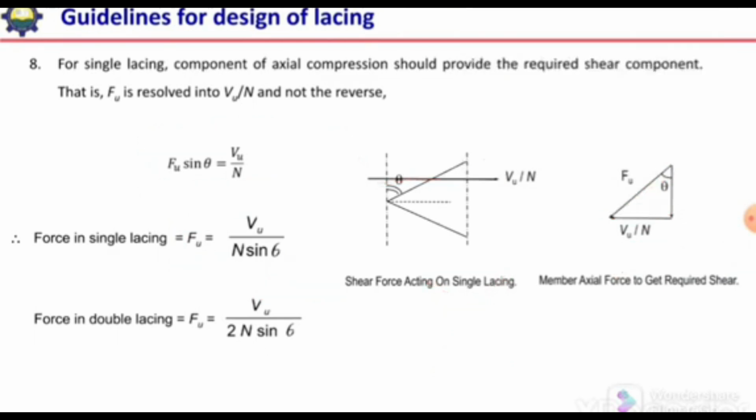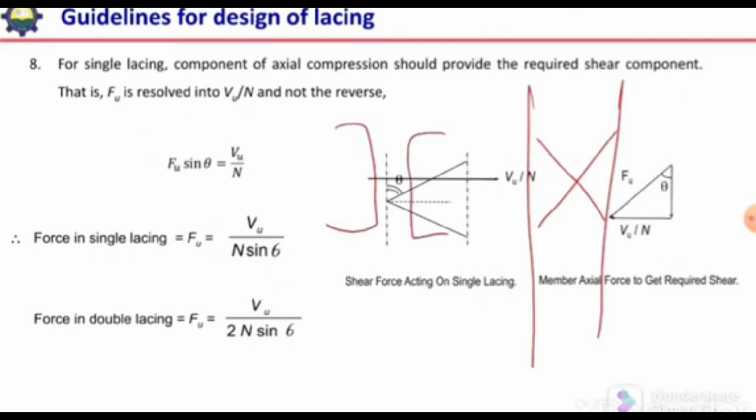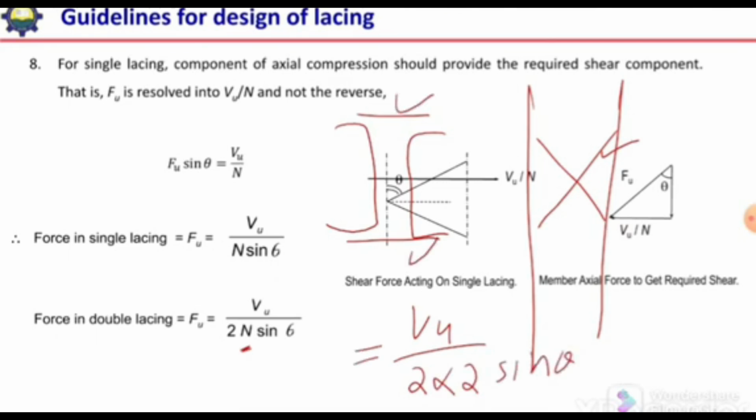For example, if we use double lacing and we have 2 faces, for example a channel section with 2 faces, then the force in a single lacing element will be Vu over 2 for double lacing, and 2 for 2 faces, and sine of theta. So our Fu will be equal to this in this scenario.